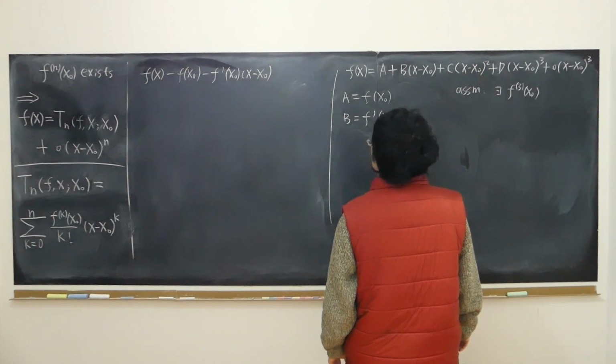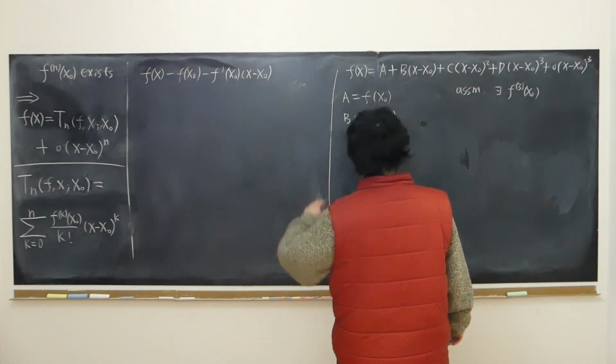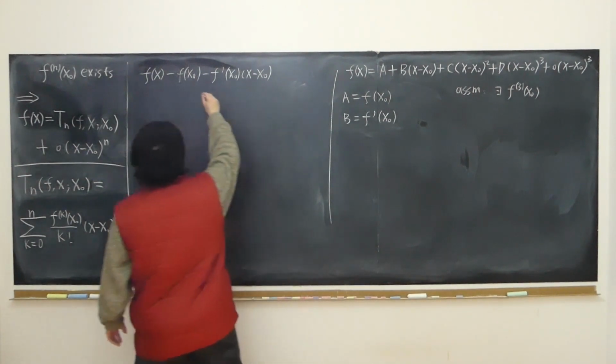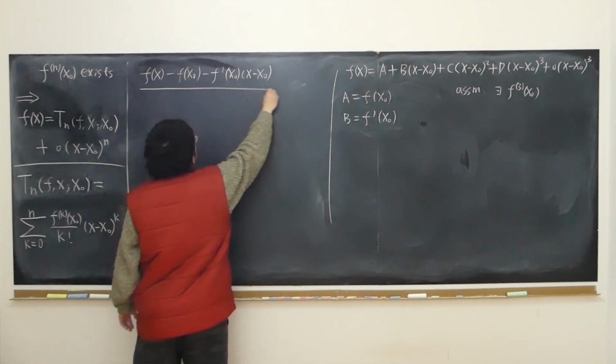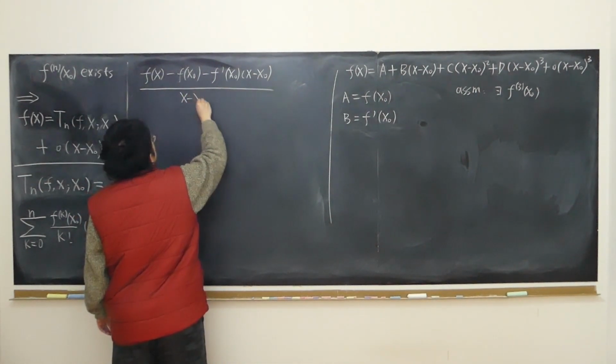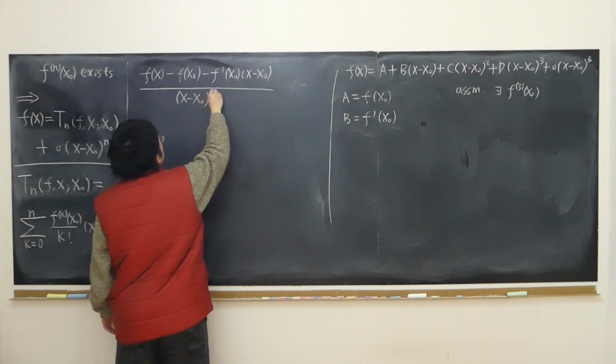This minus, divide everything by x minus x naught to the power of 2.